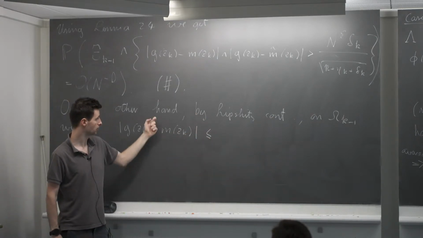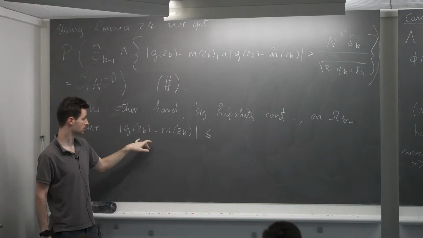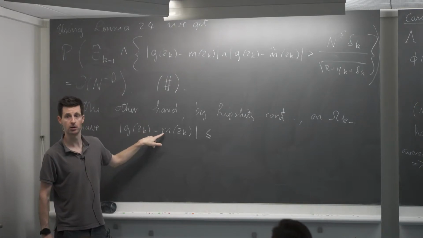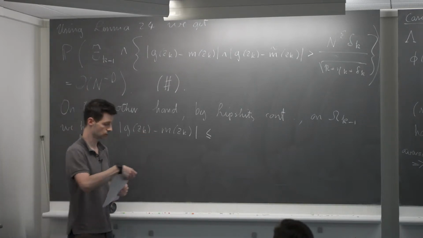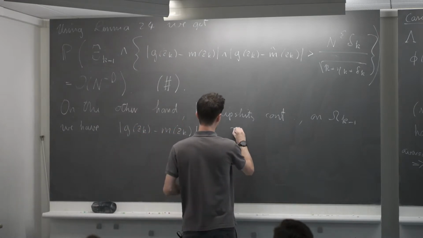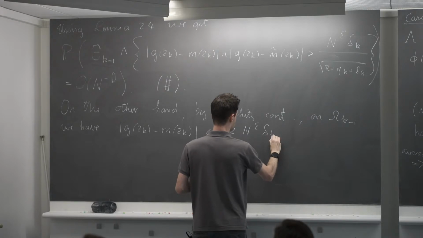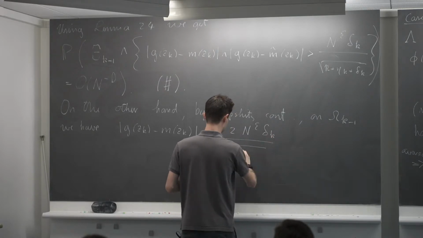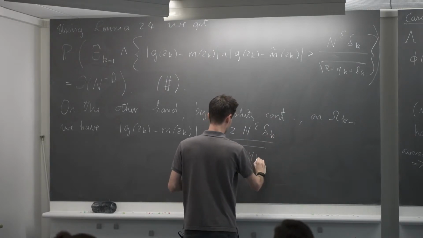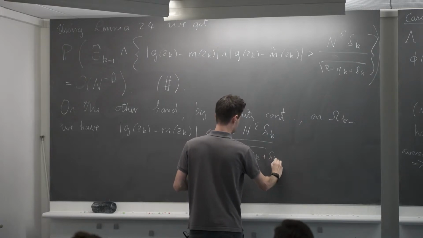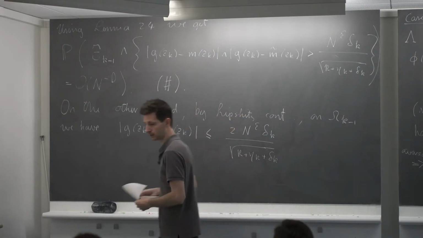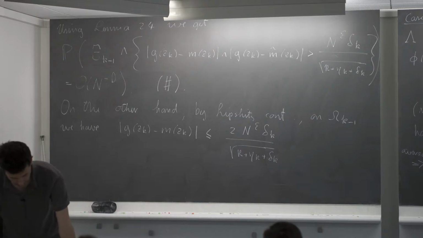Now I transport this to the next step by Lipschitz continuity. The error I incur is something of order n to the minus 1, which I will absorb into the right-hand side simply by including a factor 2 in that estimate.